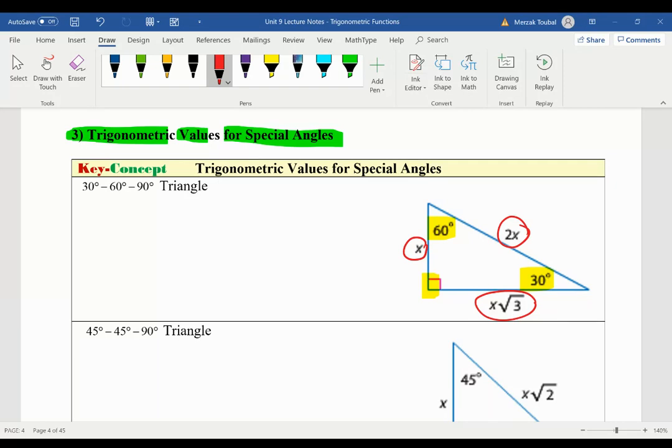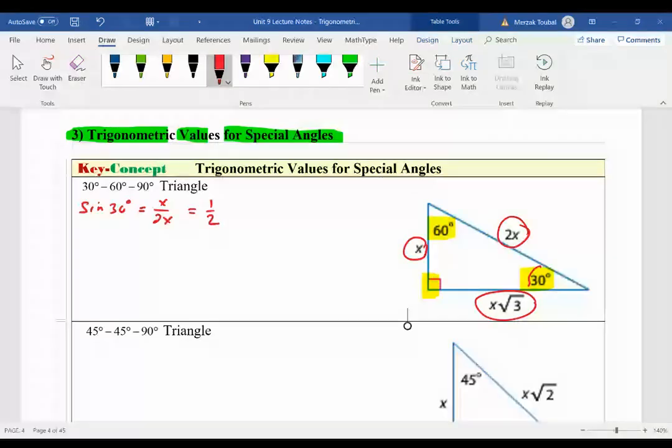Now, if we want to find sine of 30 degrees, we know that sine is the opposite over the hypotenuse, which would be x over 2x. And this simplifies to 1/2. And this will always be true. Sine of 30 will be 1/2.